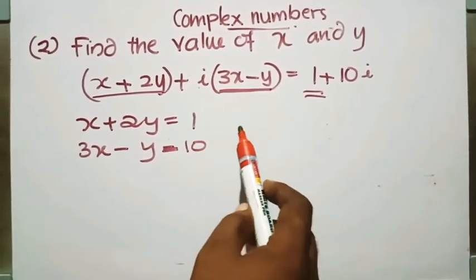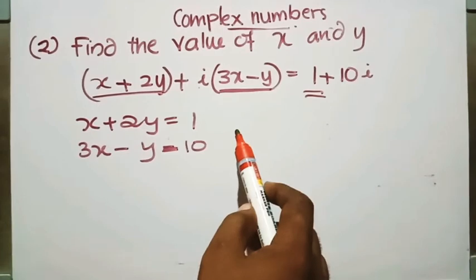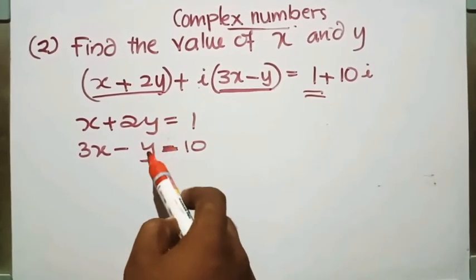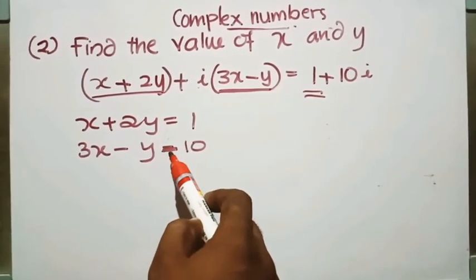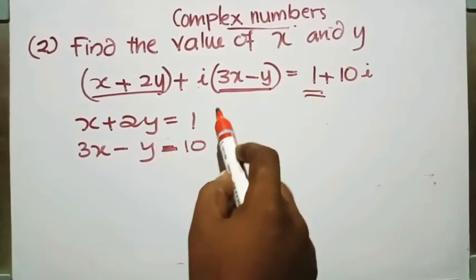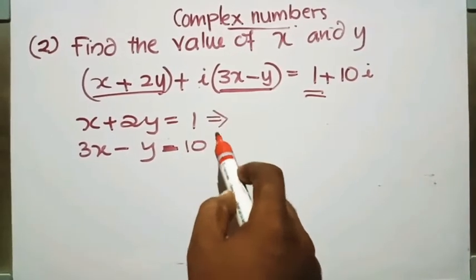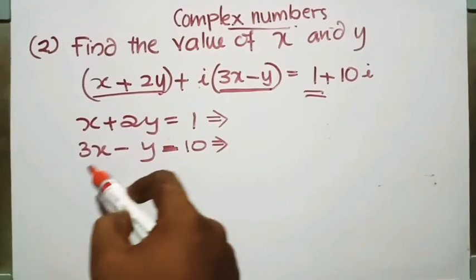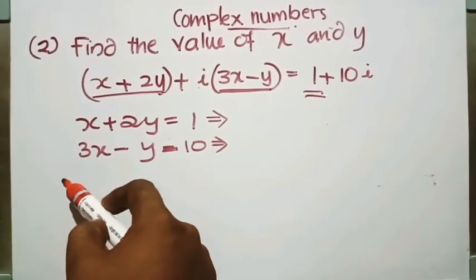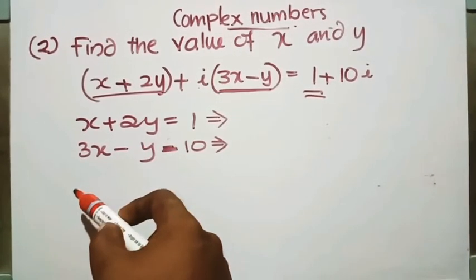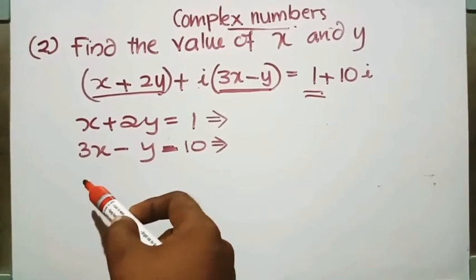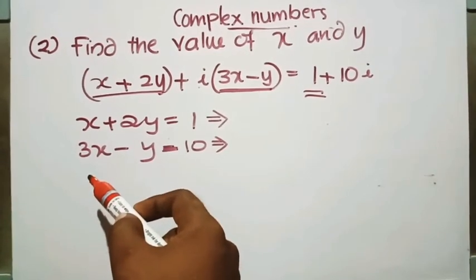Now we come to the concept of simultaneous linear equations. We have to solve these two equations. When you want to solve these two equations, you can use either the elimination method or the substitution method. I am going to use the elimination method here.